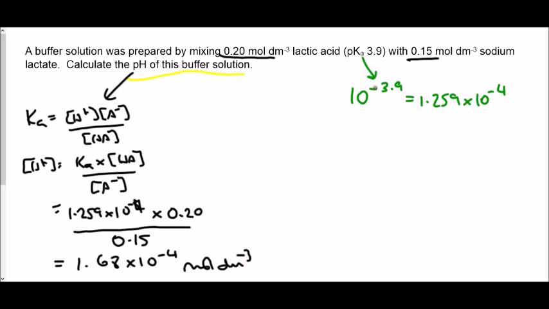If you were getting this as an exam question, you'd be having 1 mark for your Ka value, 1 mark for your H+ concentration. Once we've got the concentration of H+ ions, we can put that into the minus log calculation to get the pH.